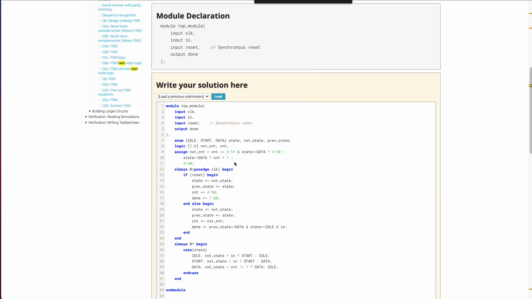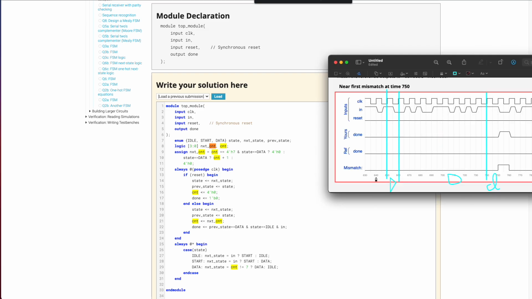And the only entry point, if I'm not mistaken, for count, so count is next count, and the next count can only, so if it goes to 7, it is 0 next cycle.